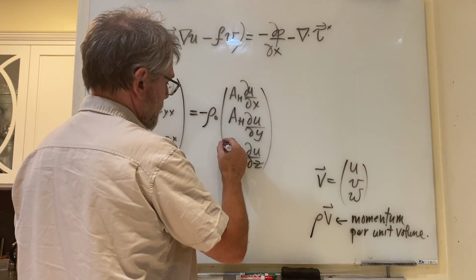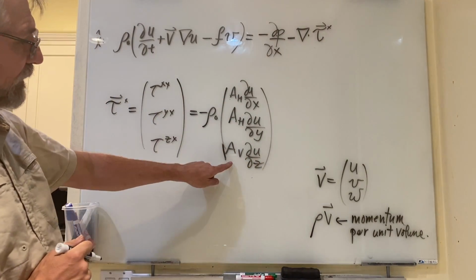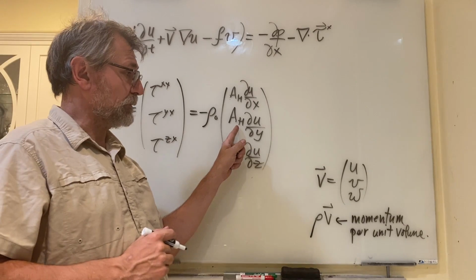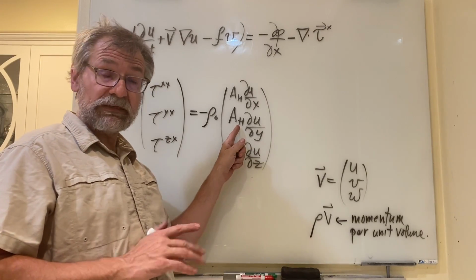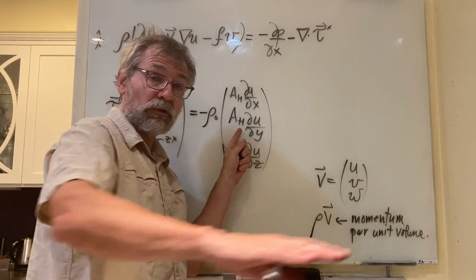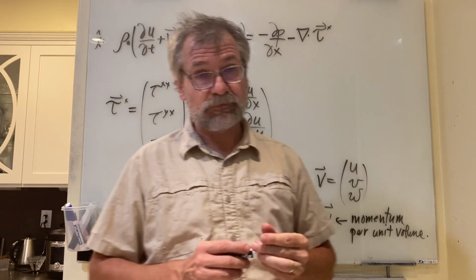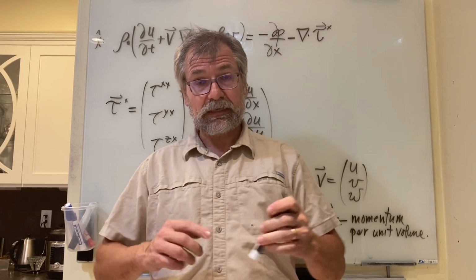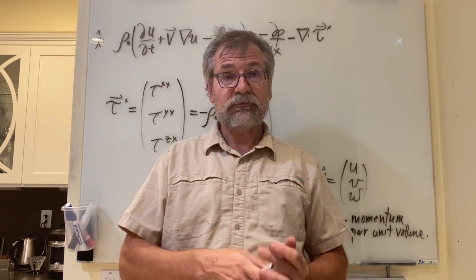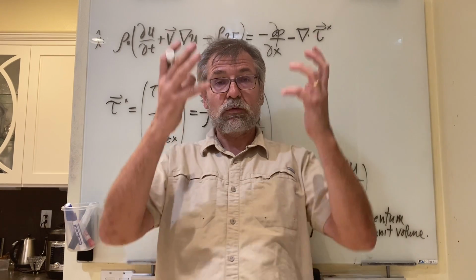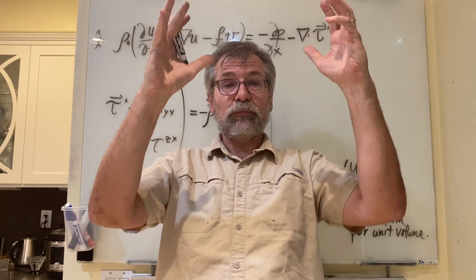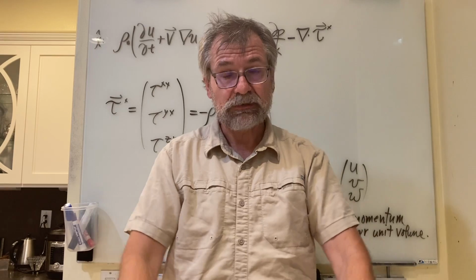Now, why do we have two coefficients, AH and AV? It's because it turns out that the diffusivity for momentum is a lot larger in the horizontal direction than in the vertical direction. There are two reasons for that. One reason is that eddies that overturn in the vertical have to lift up dense water from below and bring it up, and at the same time push more buoyant water down below.